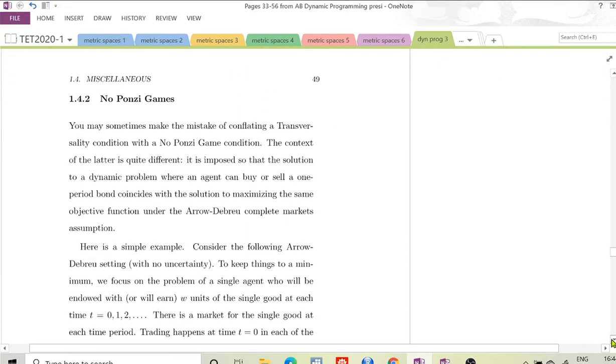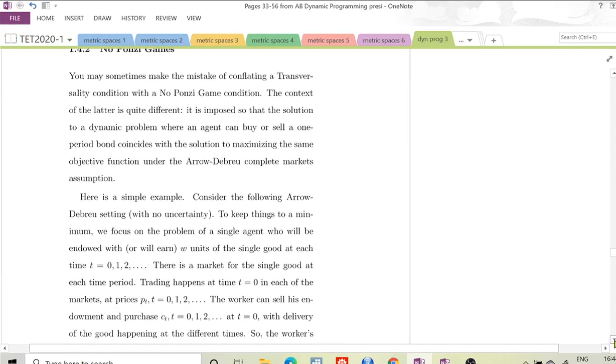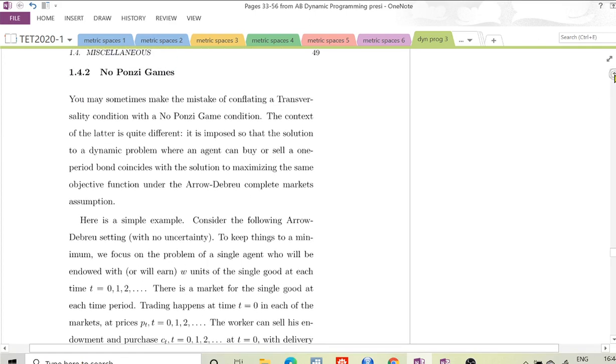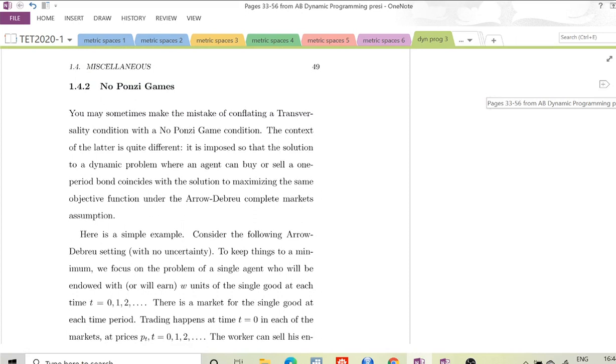So there is this little section which right now doesn't seem to warrant much time. You would have come across, in your studies of macro, this assumption of no Ponzi games, and it's being flagged here because sometimes the no Ponzi game assumption looks like it's a transversality condition, but it isn't.